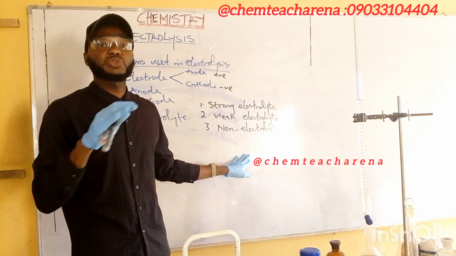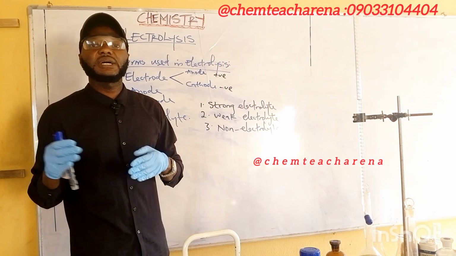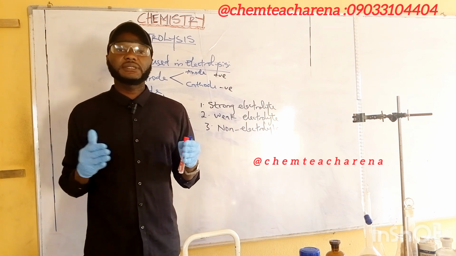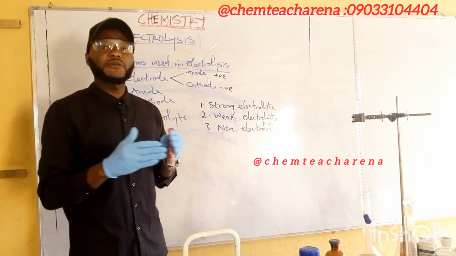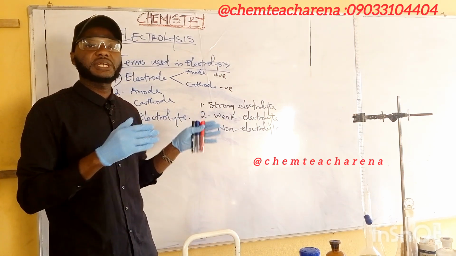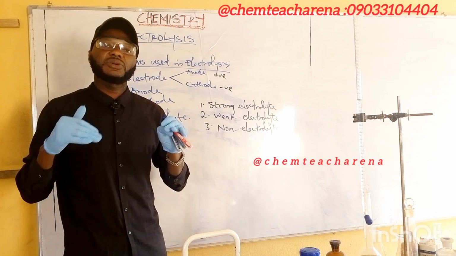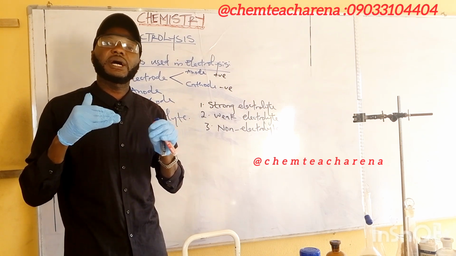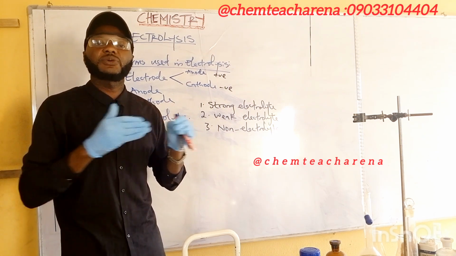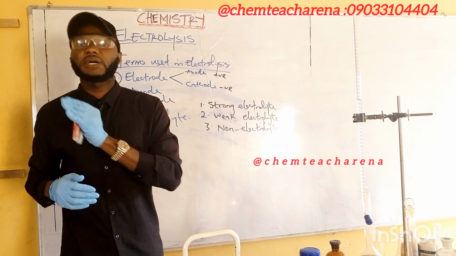An example is sugar, ether. Now let's look at the practical aspect of this electrolysis, where we describe the electrolytic cell and also see how ions migrate from one electrode to another.